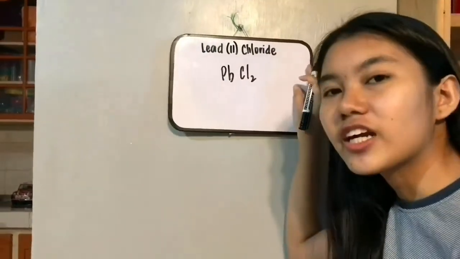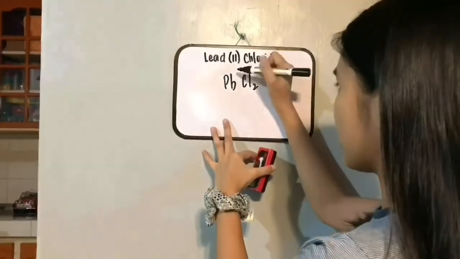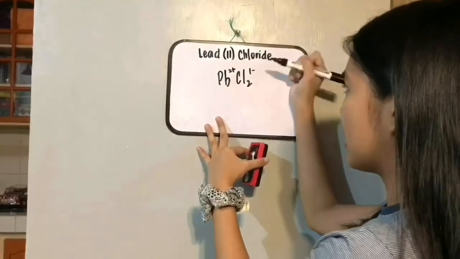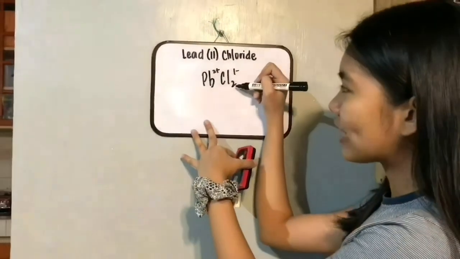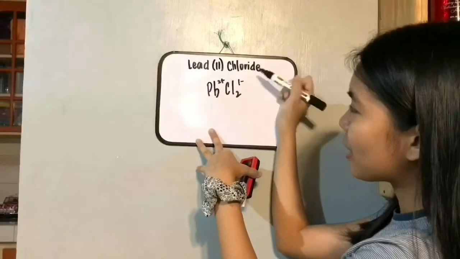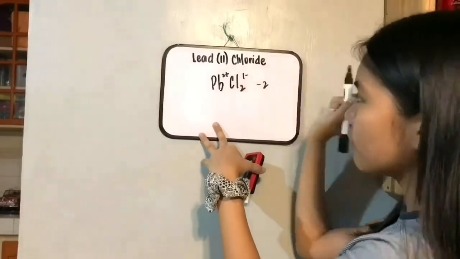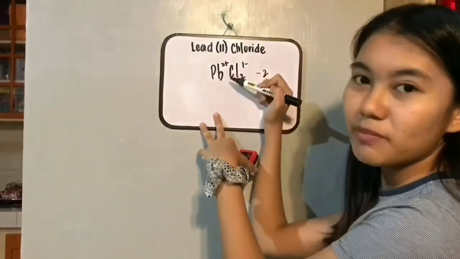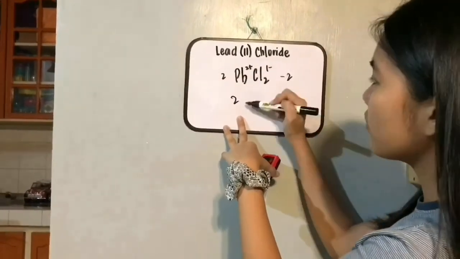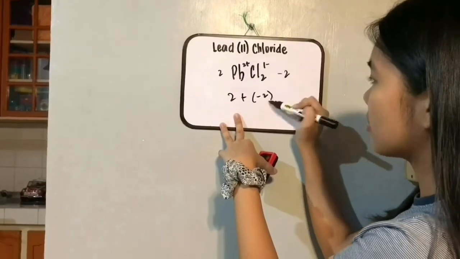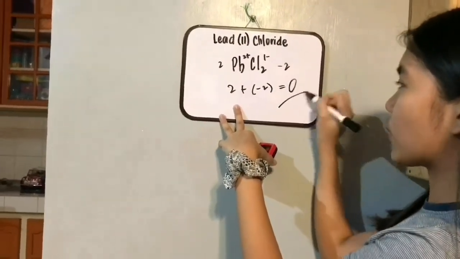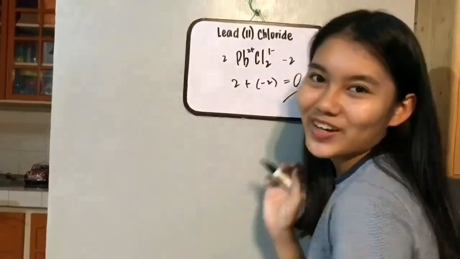We said earlier that Pb has a 2+ charge and chlorine has 1-. Since we have 2 chlorine atoms, we multiply by -1. 2 times -1 is -2, and 1 times 2 is 2. When we add up 2 and -2, the sum is 0, and that's what makes it correct.